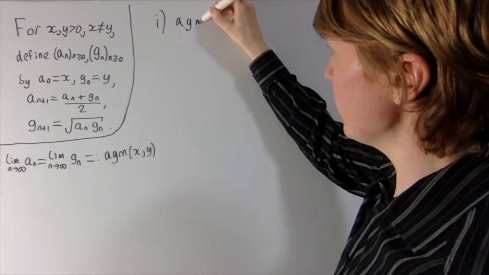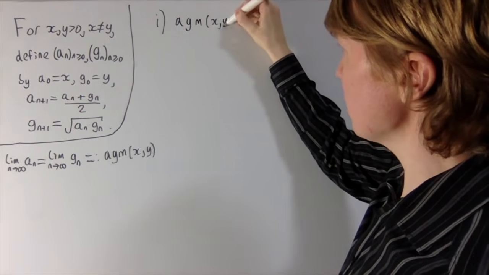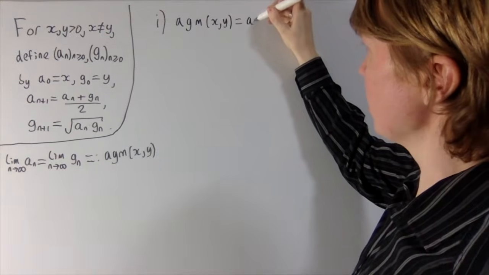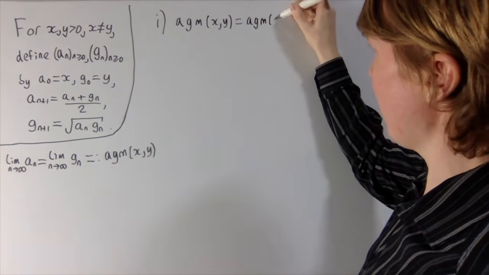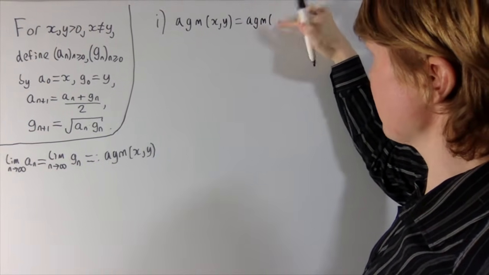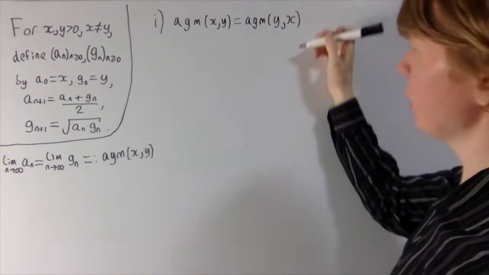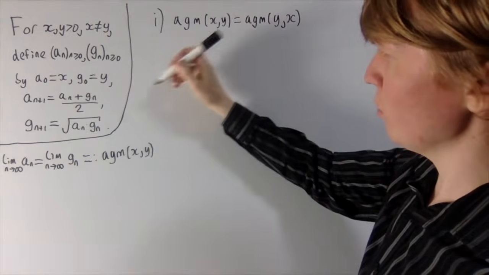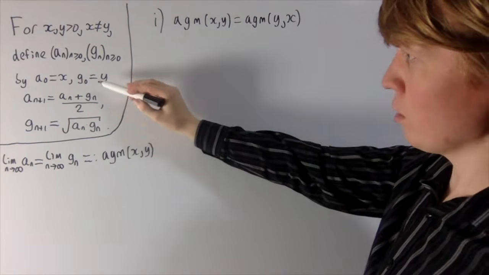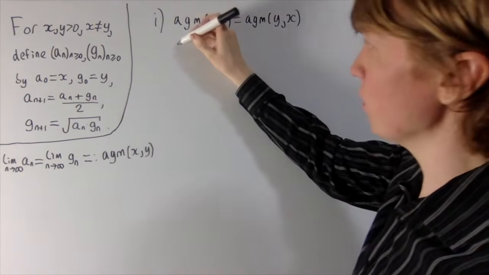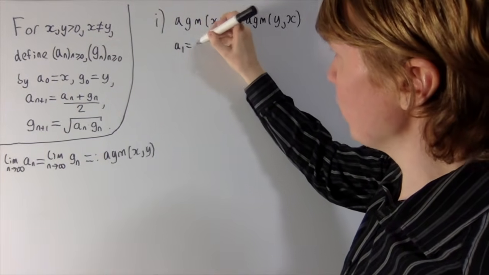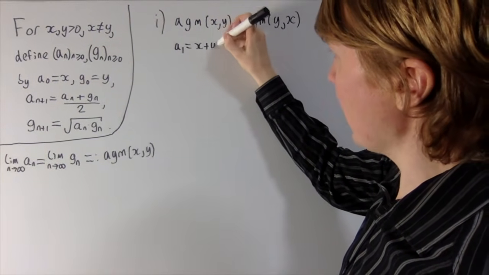So the Arithmetic-Geometric Mean is symmetric. What that means is the AGM of x and y is the same as the AGM of y and x. And you can see this because if you imagine you've got different A0 and G0, you just swap your x and y around. But here, A1 would be equal to (x plus y) over 2.